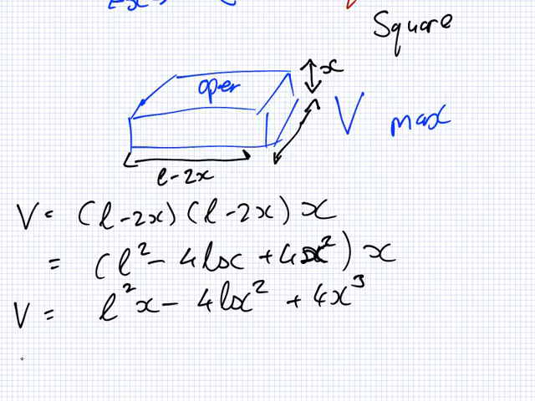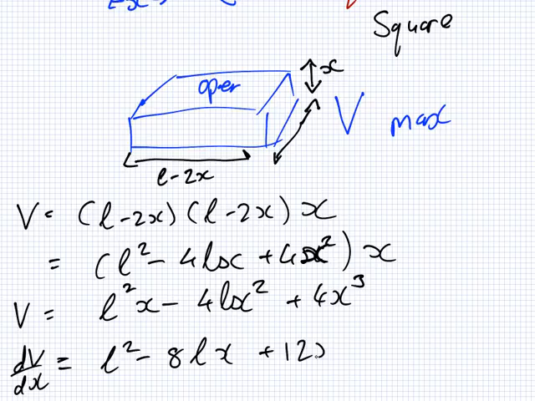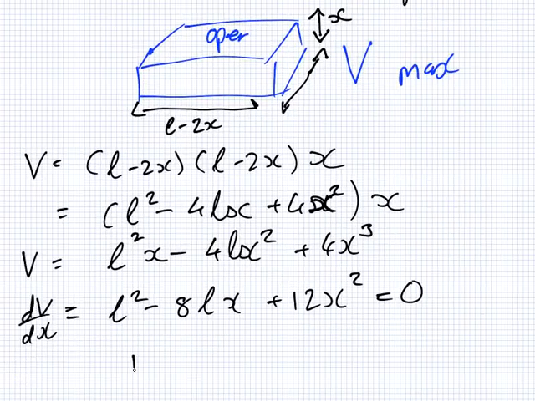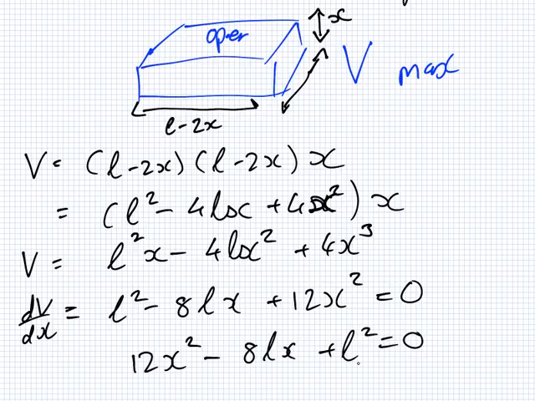And we want to make this a maximum, so its derivative, which is L squared minus 8Lx plus 12x squared, should equal 0. So you have 12x squared minus 8Lx plus L squared equals 0.